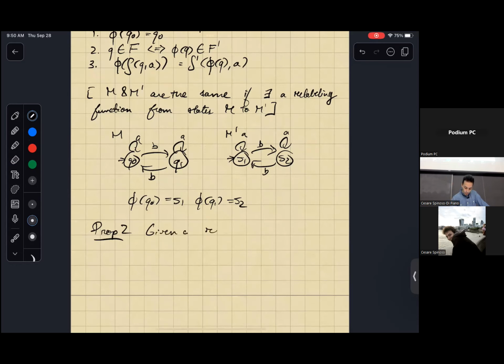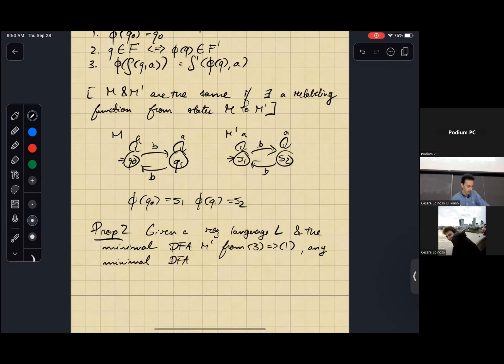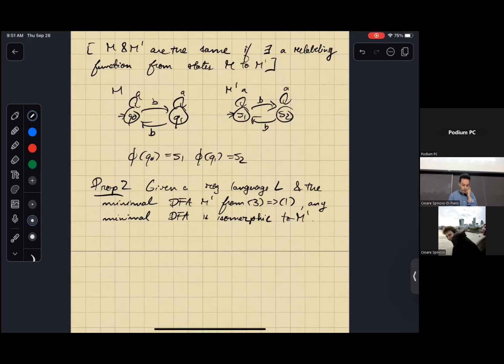Given a regular language L and the minimal DFA M prime that I constructed in the proof of 3 gives you 1, any other minimal DFA, or any DFA, it could be the same, is isomorphic to M prime. The proof of this is a bit tedious.